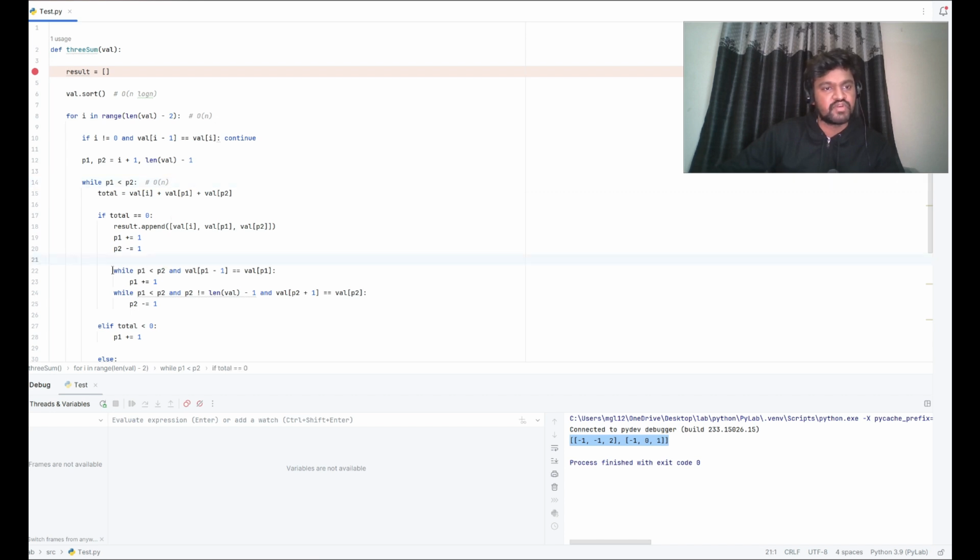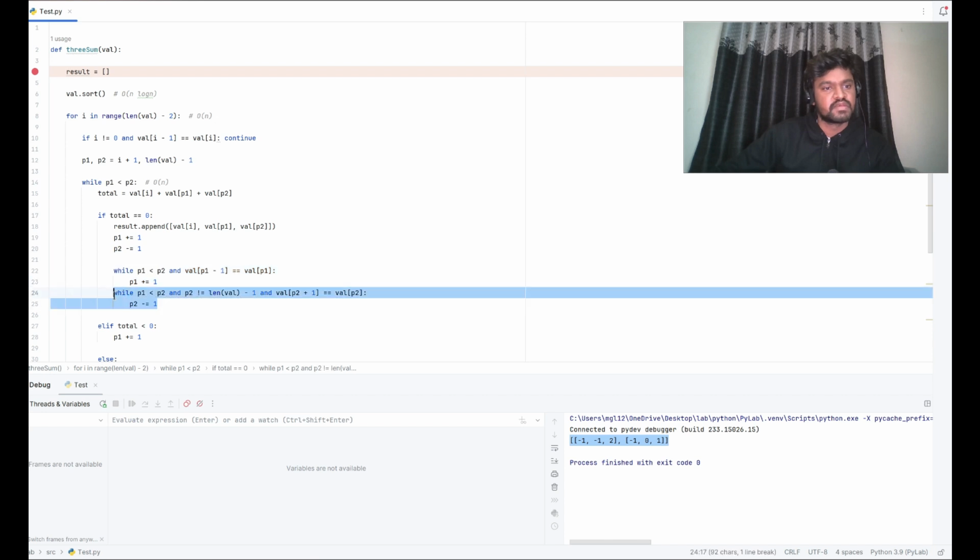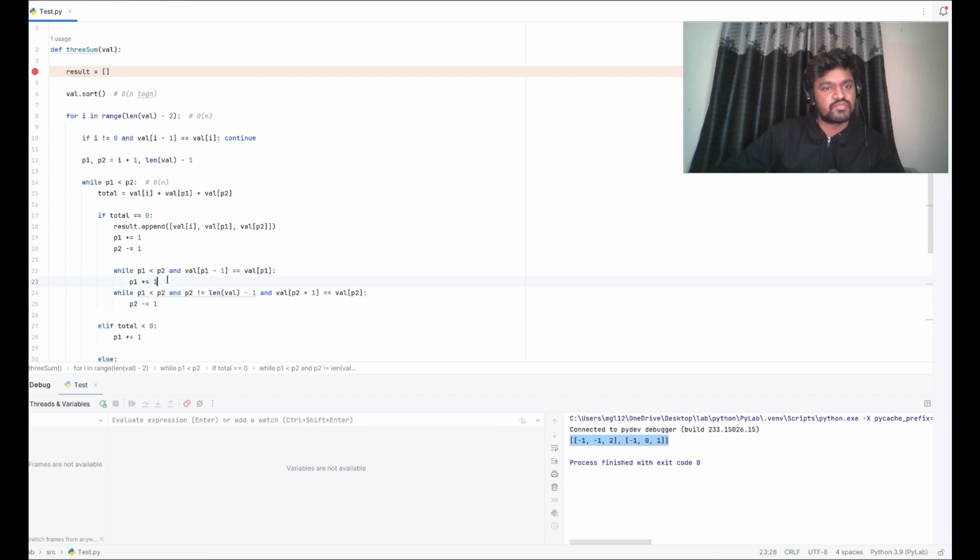And we have a while loop here, but we don't consider this as a nested loop actually, because this while loop is checking that P1 and P2 shouldn't overlap, right?